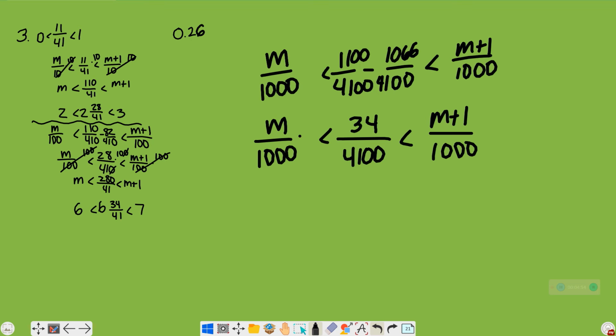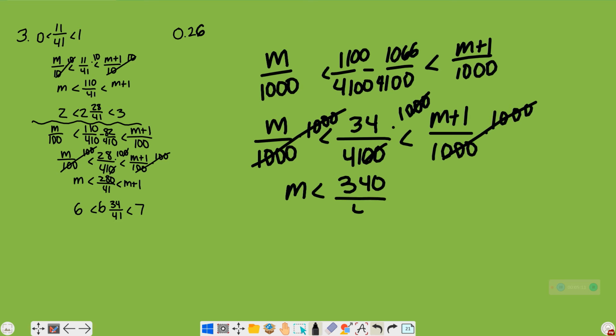And multiply by 1,000 in all of those spots. And this one we get rid of 100, so two zeros. m is less than 340 over 41.